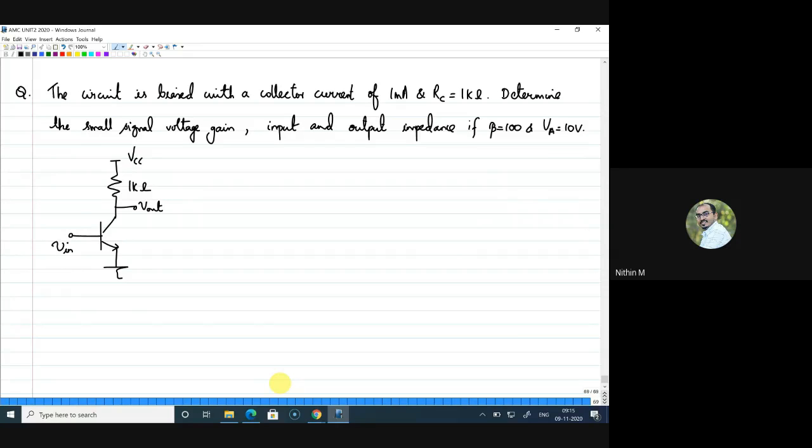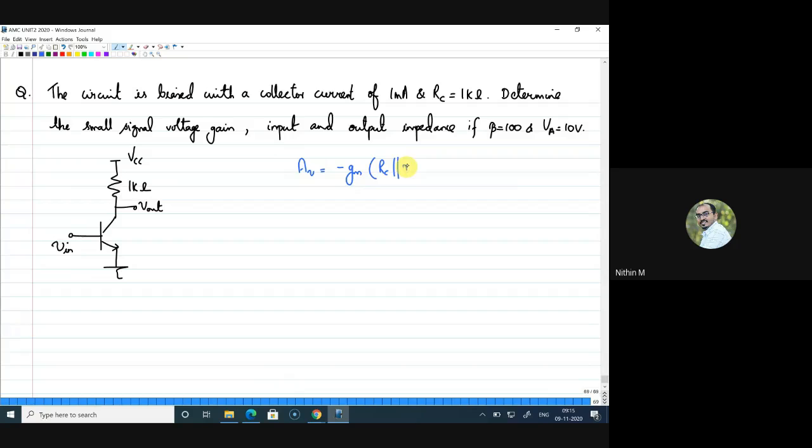And now we have the final formula with us. So we can directly use the formula. No need to do those calculations again. For example, what is the formula for voltage gain? Minus gm RC. But it is given that VA is 10 volts, so we have to include r naught also.